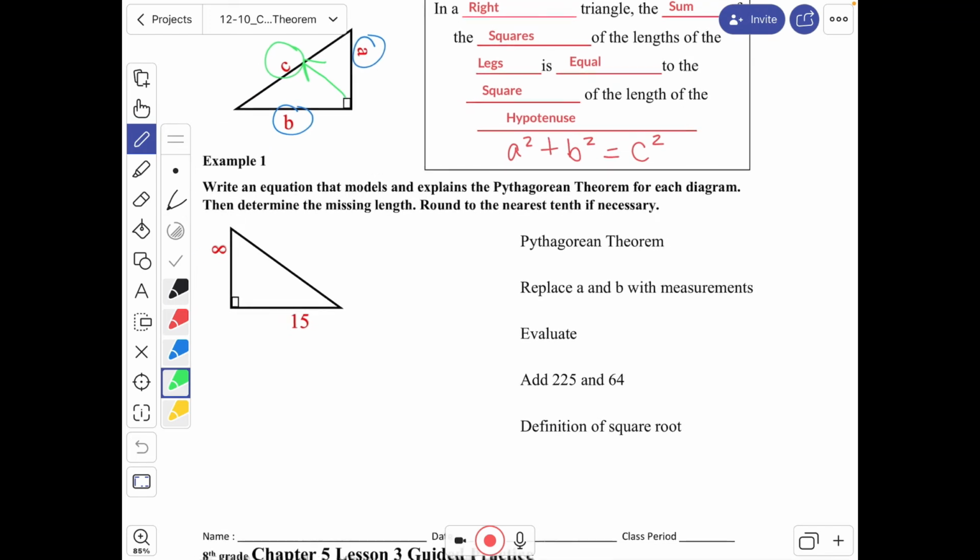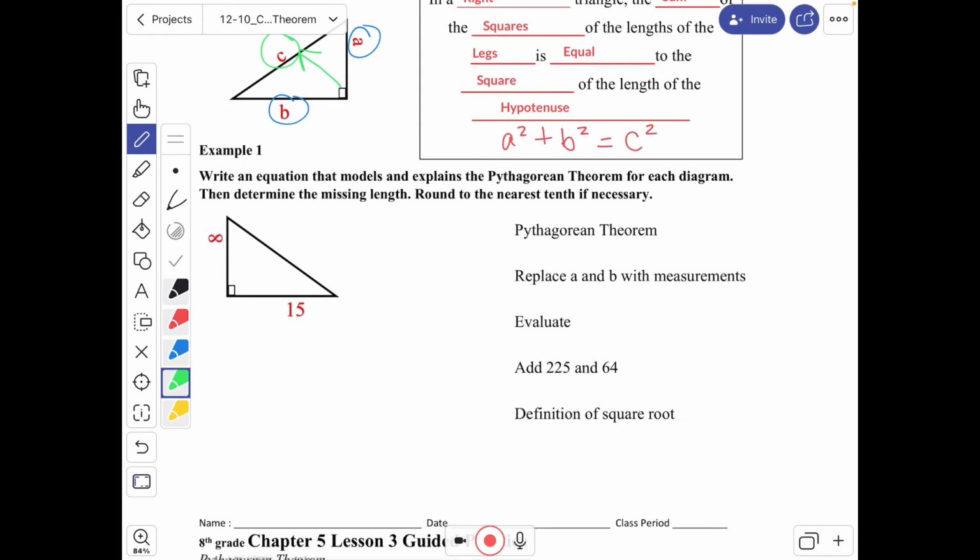In example 1, we're going to write an equation that models and explains the Pythagorean theorem for each diagram. Then determine the missing length. Round to the nearest tenth if necessary. So we start out with our theorem that says a squared plus b squared equals c squared.